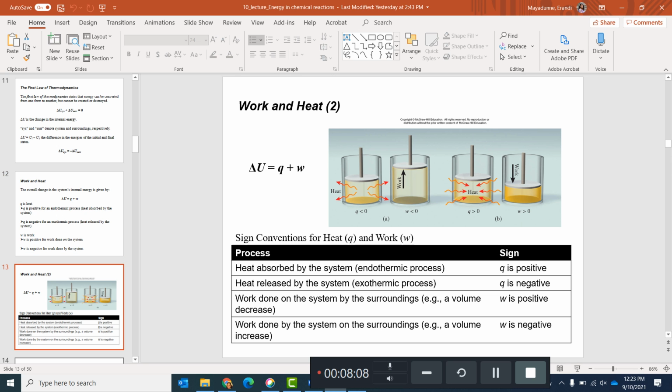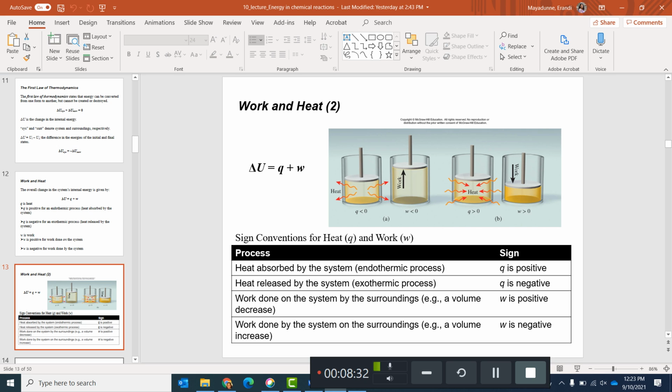Something like that. Okay, so in this equation, you need to know what each letter denotes. U is internal energy, Q is heat, W is work. And also what are the signs? Q can be positive or negative. Q positive means heat absorbed by the system.